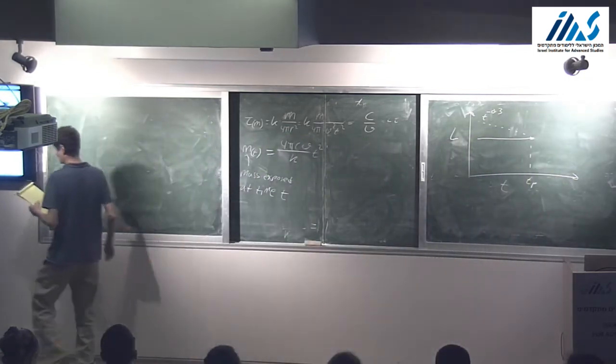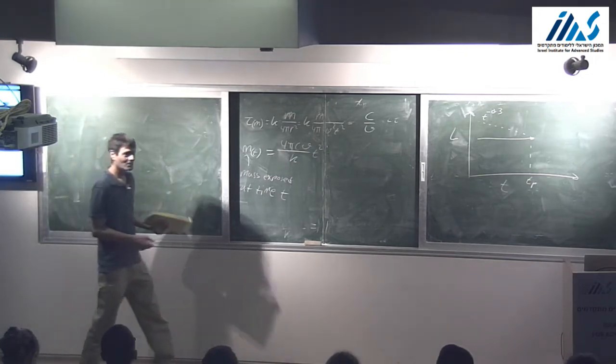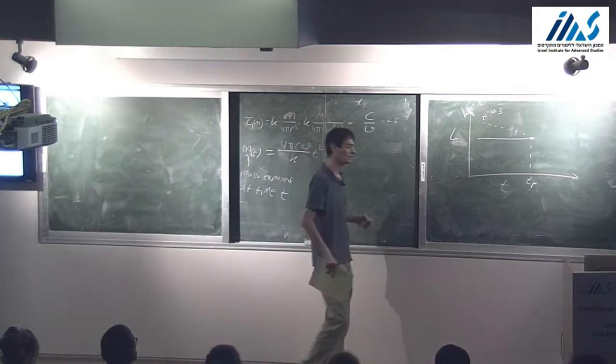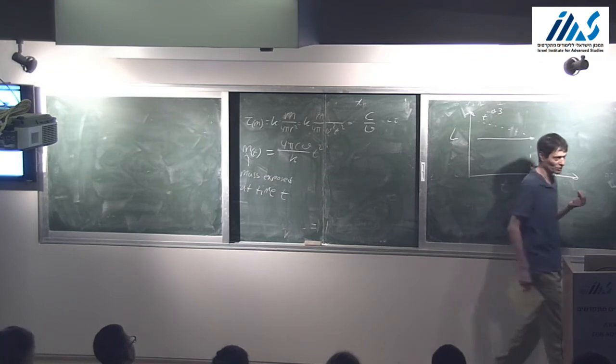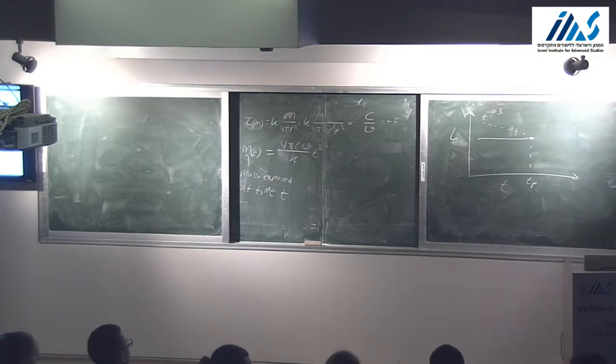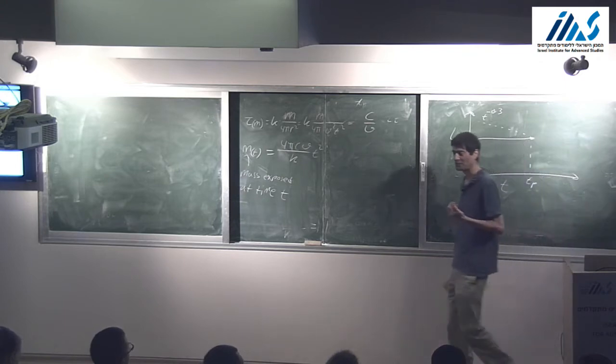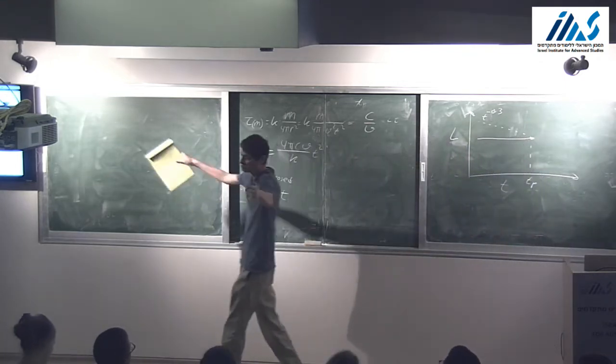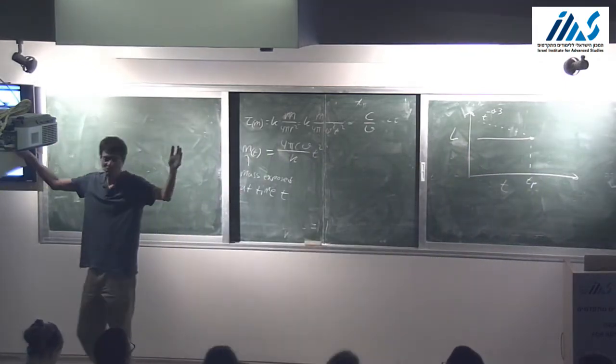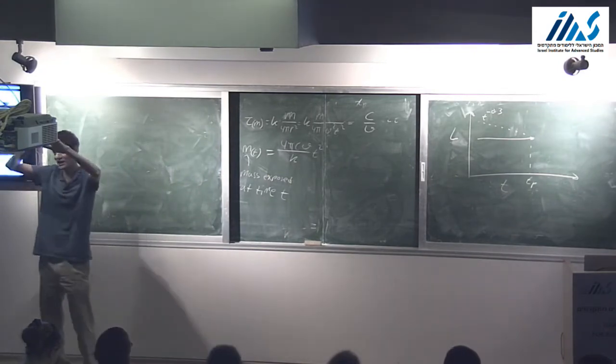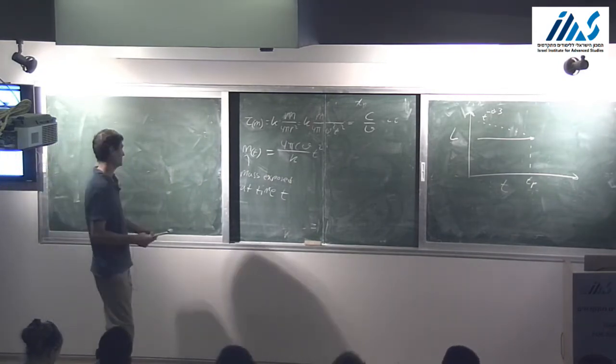Okay. So let's try to calculate the following thing. Let's ask how much energy, in radiation of course, is confined to the expanding sphere, say below tau equal 1. It's a good place to be. How much energy is confined to this region?